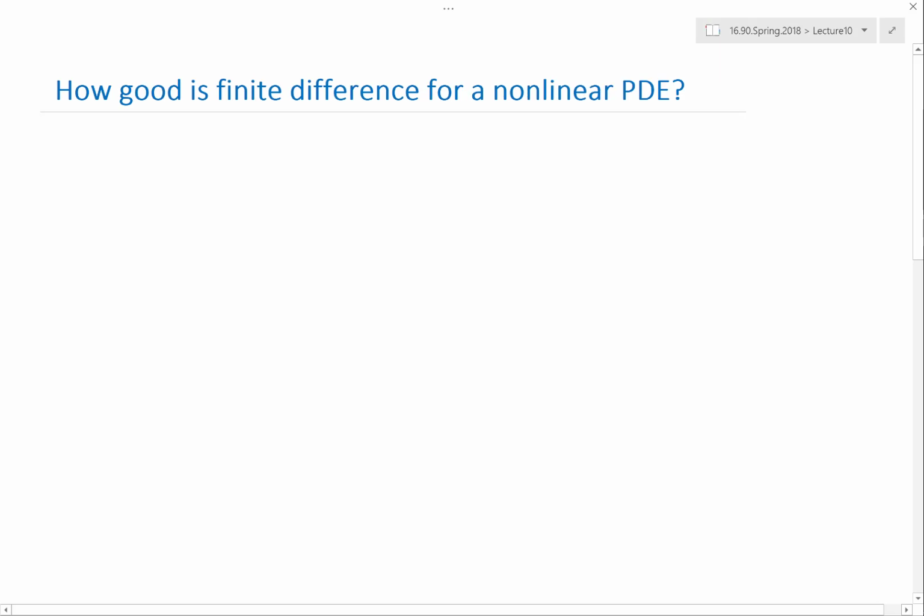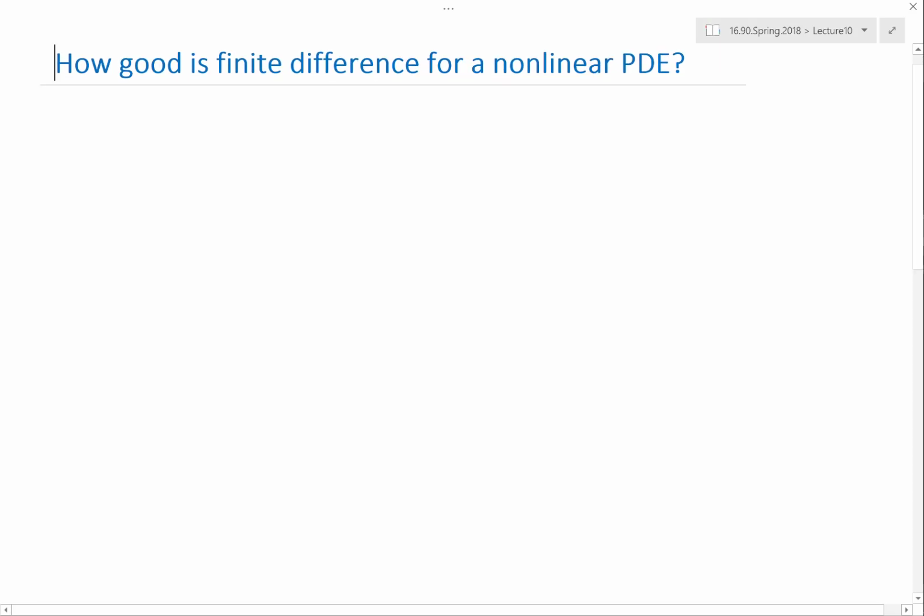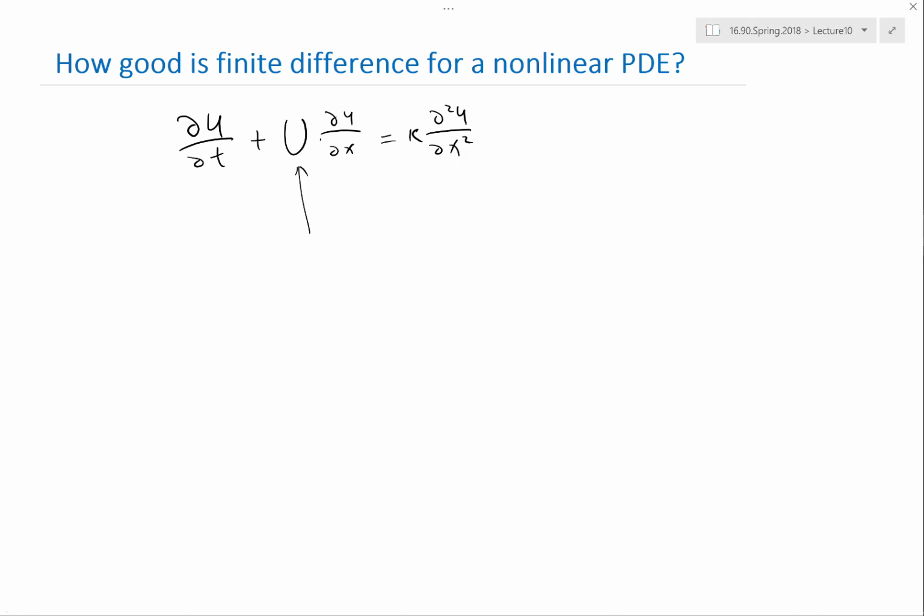Finite difference can be used not only for linear equations, it can also be used on nonlinear equations. For example, we have been looking at this linear equation. But what if I switch this constant wave speed to a non-constant wave speed?